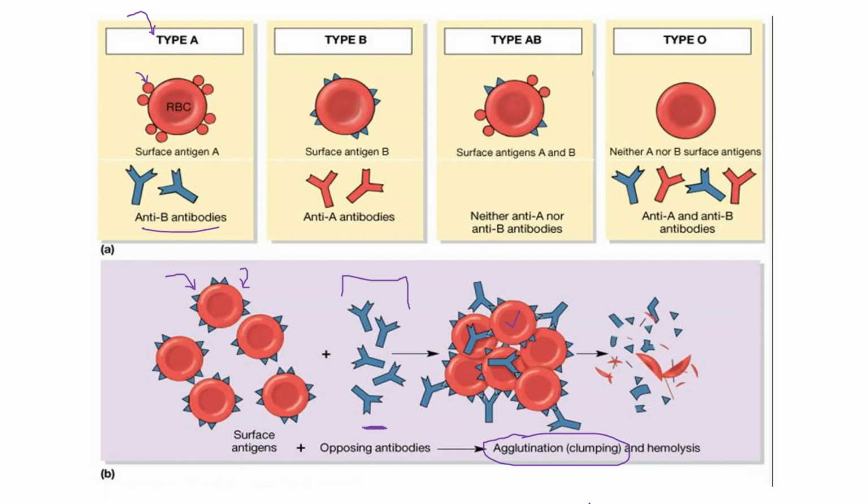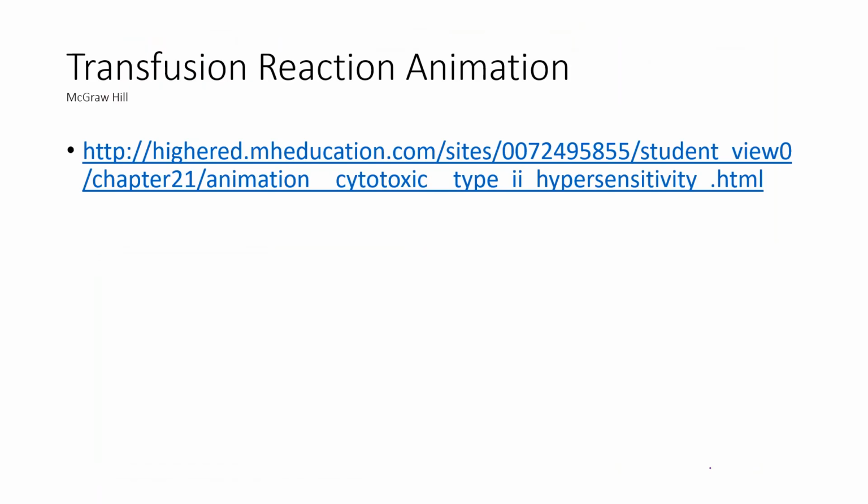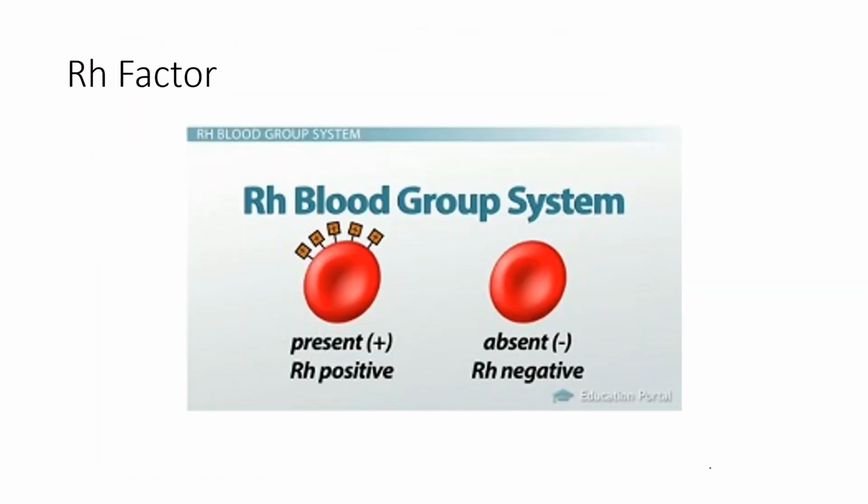And what those antibodies are doing is tagging those red blood cells for destruction. Opsonization is what that's called. Now, because they're being tagged for destruction, the red blood cells will be destroyed. And when that happens, that's called hemolysis. So if you wanted to watch a transfusion reaction animation, here's a hyperlink for that.